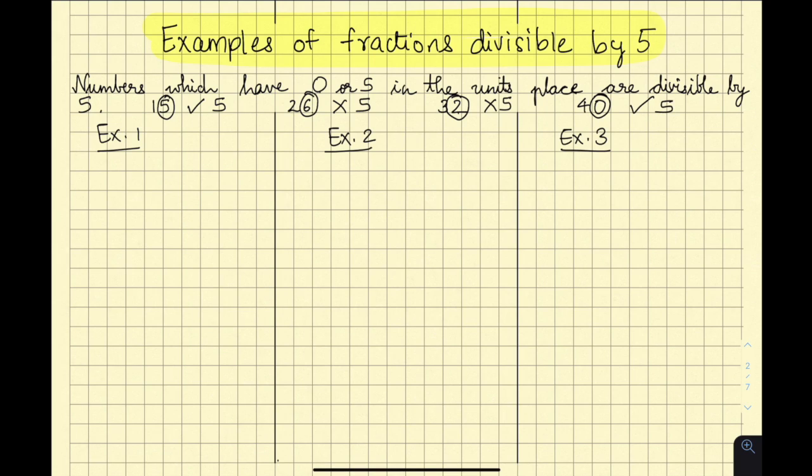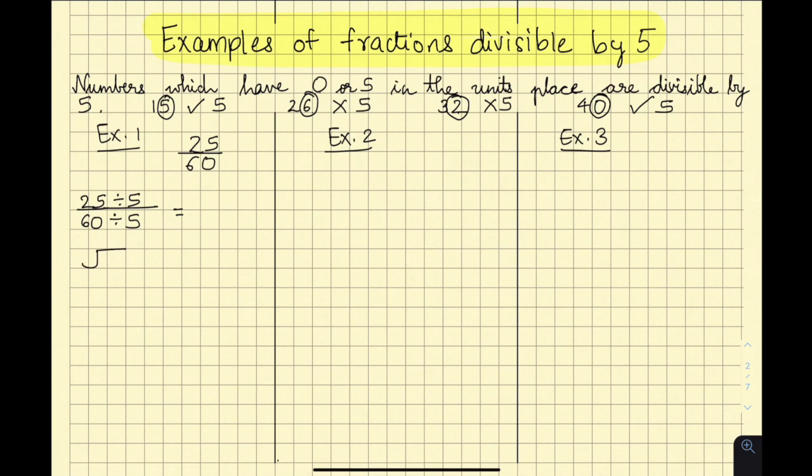Now let us see the first example where we have 25 over 60. Now if you look at the numbers carefully, 25 has got 5 in the unit place, 60 has got 0 in the unit place, and they both are divisible by 5. Hence 25 over 60 divided by 5.